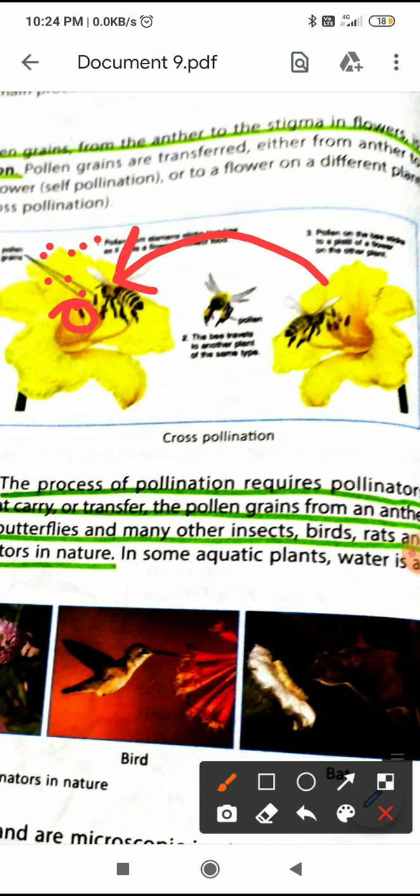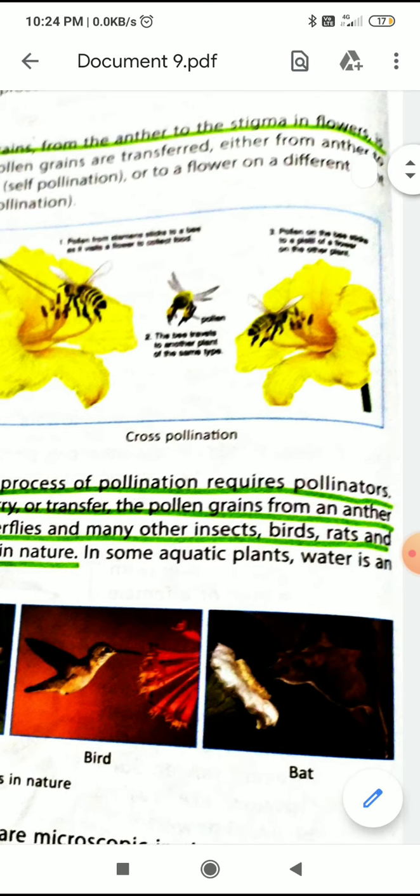So the insect is sitting on this flower. The pollen grains will stick to its legs, and now if it transfers or sits on another flower, then the legs will leave the pollen there. Now the next step is what?